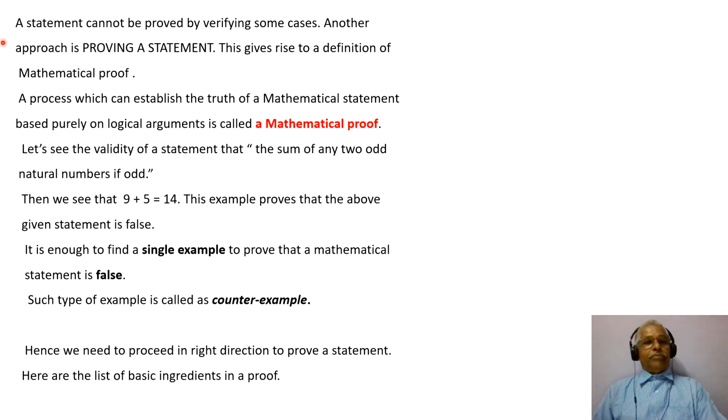Now see here, there are two ways. A statement cannot be proved by verifying some cases. If you try this, then this is not sufficient. Some cases are not sufficient. Use another way. So another approach is proving a statement. This gives rise to a definition of mathematical proof.